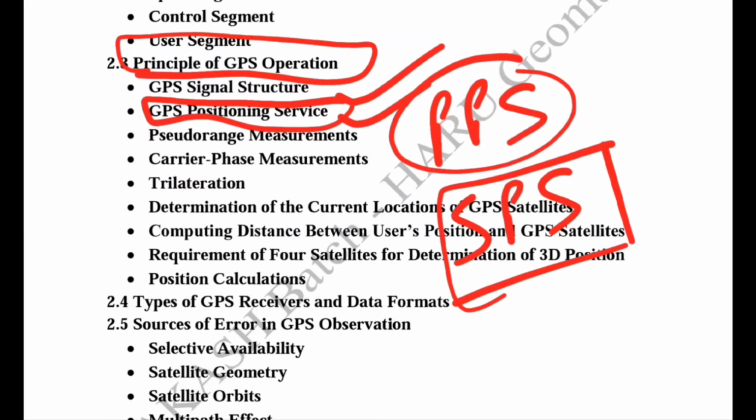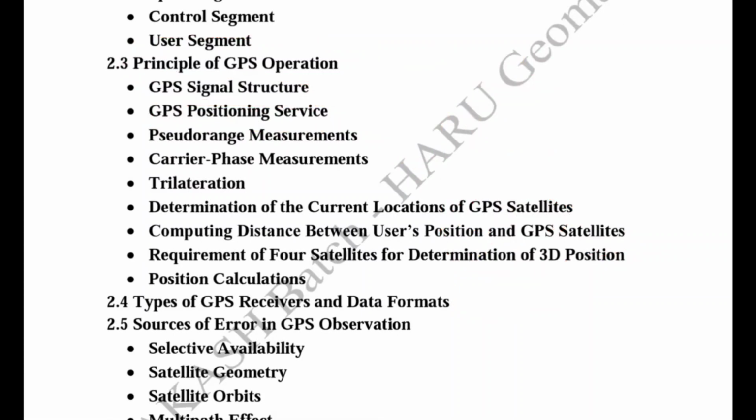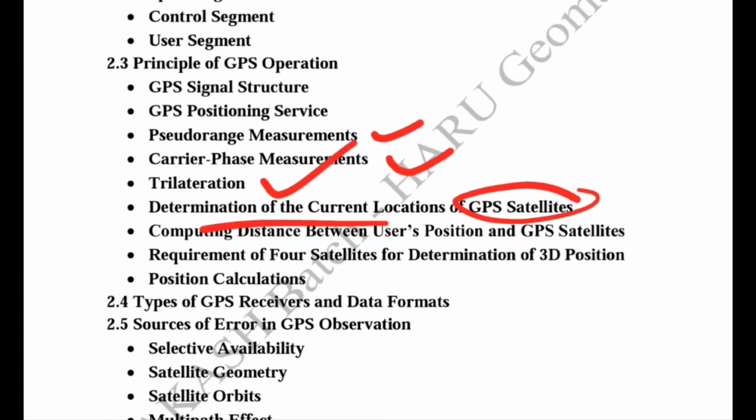Everything about these positioning services we will study in the upcoming lectures, and after that we will find out about pseudo range measurements, carrier phase measurements, the concept of trilateration, and how we can calculate the current locations of GPS satellites, which is known as the ephemeris data.